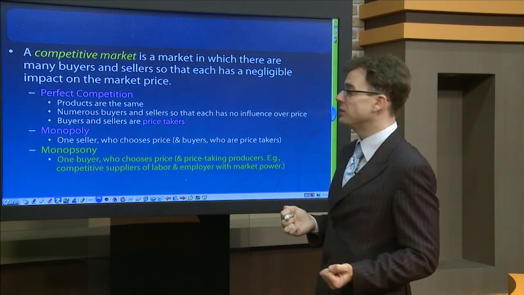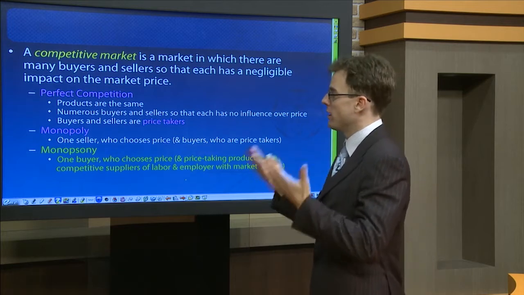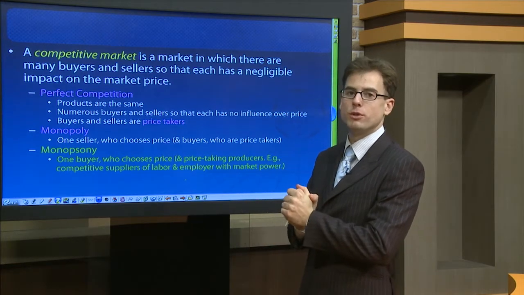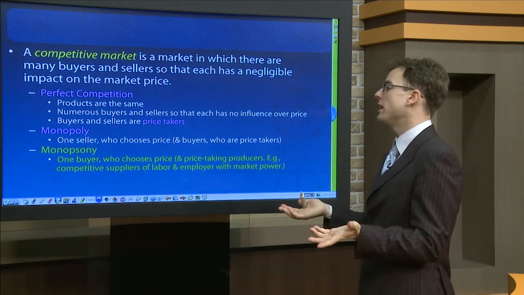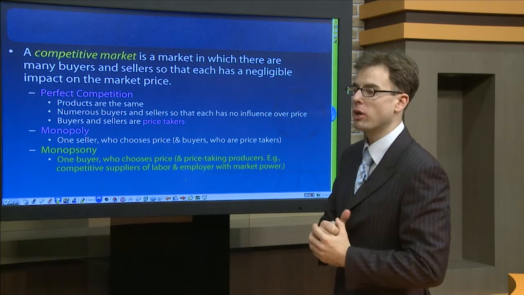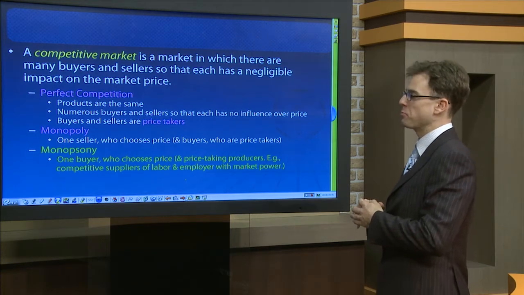Both consumers and producers act as price takers. Because individual consumers and producers are small relative to the overall size of the market, they take the market price as given, and based on this market price, they choose how much to produce and how much to consume.